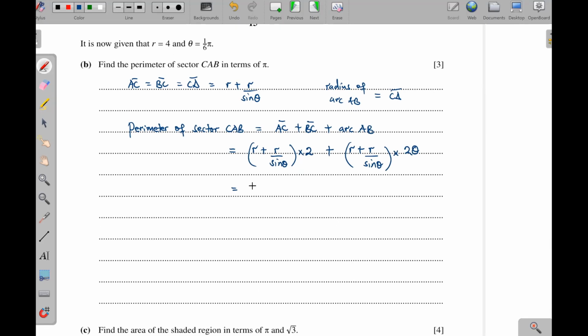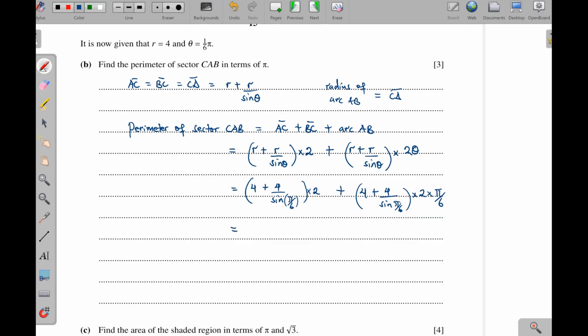Then we can now substitute our R. R is 4. So we have 4, then plus 4 over sine theta, where theta is pi over 6. Sine of 30 gives us a half. Then we multiply by 2, then plus the same thing, 4 plus 4 over sine of pi over 6, then times 2 times our theta, which is pi over 6.